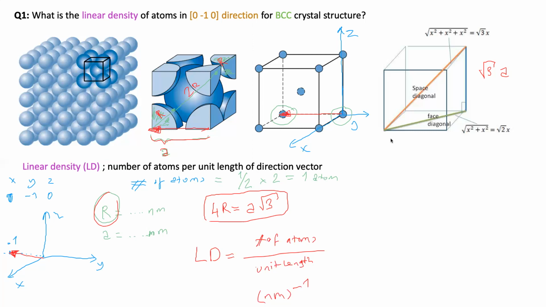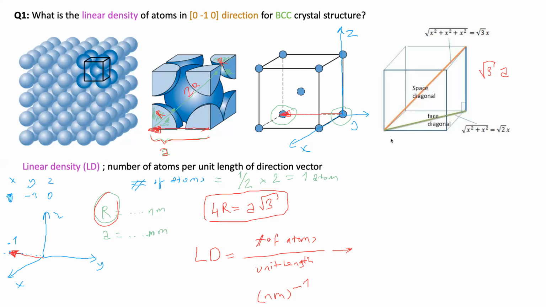But for that specific question, we will approach it in a somewhat different way. Since we are not given any numerical value, as I told you before, we will be writing everything in the R parameter. So when we check the length of the vector, we should consider which portion of the length is covered by the atoms to answer the question.